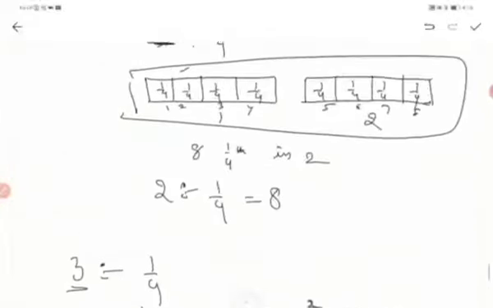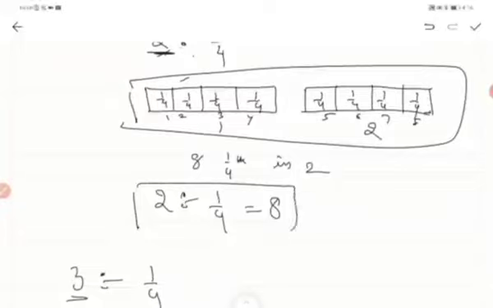In the same way, we convert division into multiplication using the reciprocal. Division and multiplication are just reverse. So I take the reciprocal of 1 by 4, that is 4. So I will get 8, which is what we got with the pictorial representation.